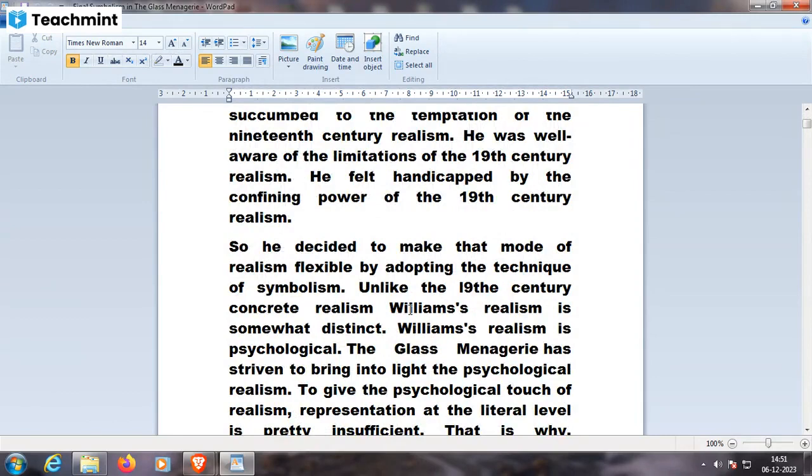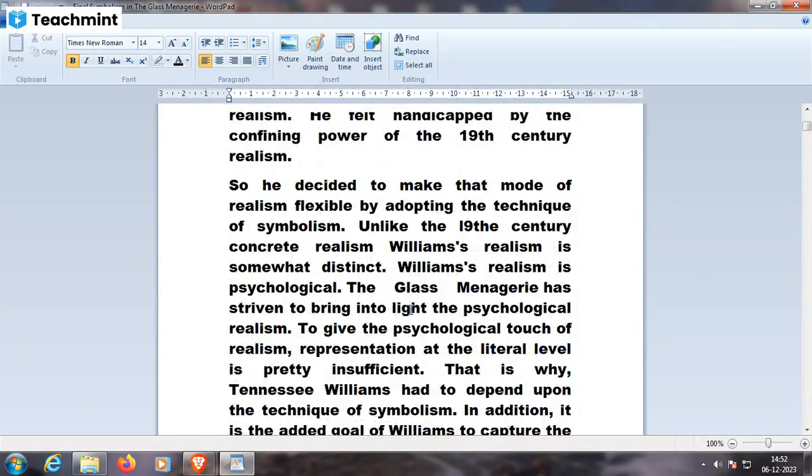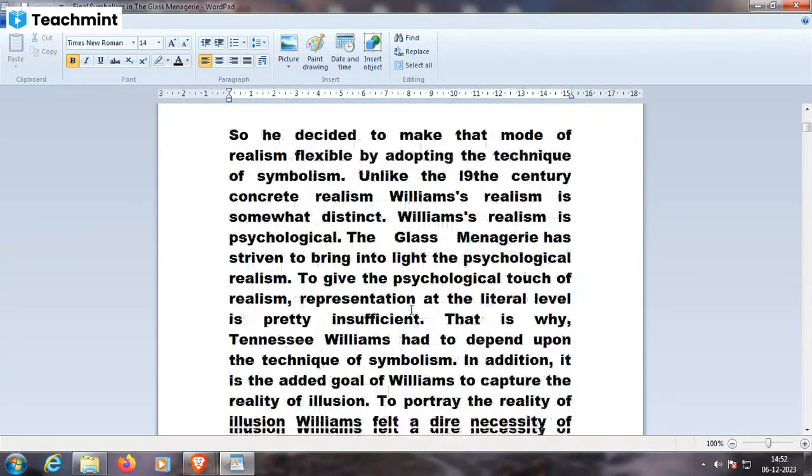Williams' realism is somewhat distinct. It is psychological. The glass menagerie has striven to bring into light the psychological symbolism, the psychological realism. So it gives a psychological touch to the characters' representation at the literary level. That is why Tennessee Williams had to depend upon the technique of symbolism.